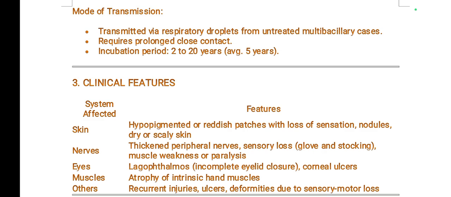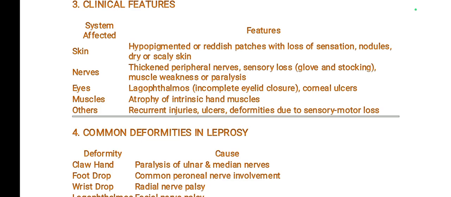So clinical features: system affected and the features. If the skin, the dermal layer, is affected, then the features will be hypopigmented or reddish patches with loss of sensation, nodules, dry or scaly skin. If the nervous system is affected, then the features are thickened peripheral nerves, sensory loss, glove and stocking anesthesia, muscle weakness or paralysis.